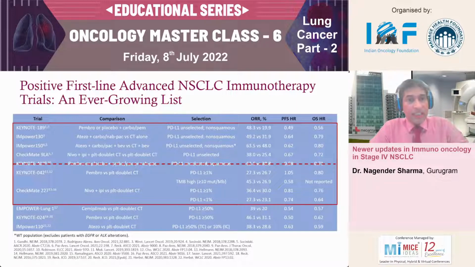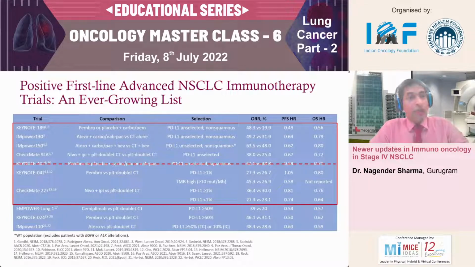Then came Impower 130, in which atezolizumab plus nab-paclitaxel was used. Impower 150, in which atezolizumab plus carboplatin-paclitaxel was used, and bevacizumab also was added to that. We call it the ABCP regimen, which was compared with bevacizumab plus chemotherapy. Then came the Checkmate 9LA trial, in which Nivo-Ipi plus a chemotherapy backbone of platinum doublet was used and compared with platinum doublet chemotherapy, for PD-L1 unselected population. It has a very good objective response rate.